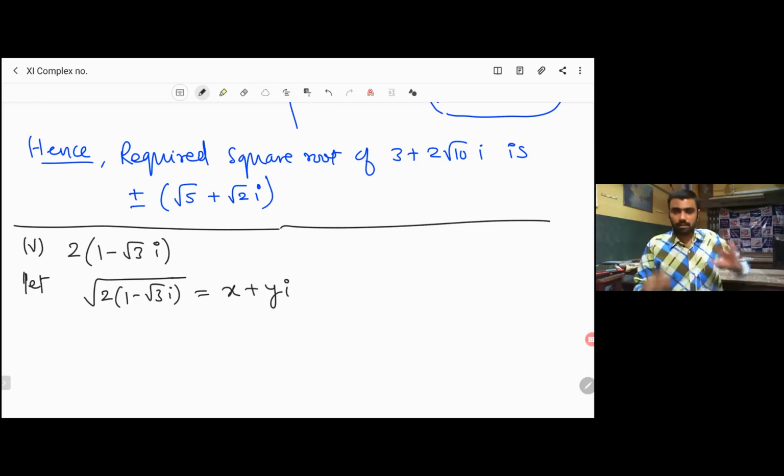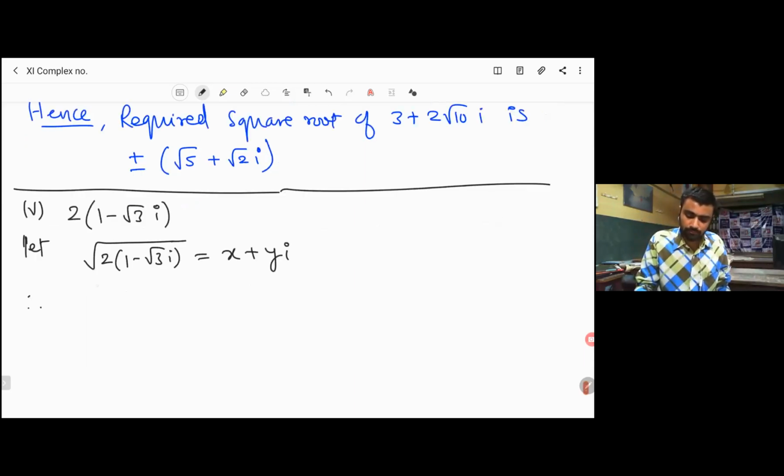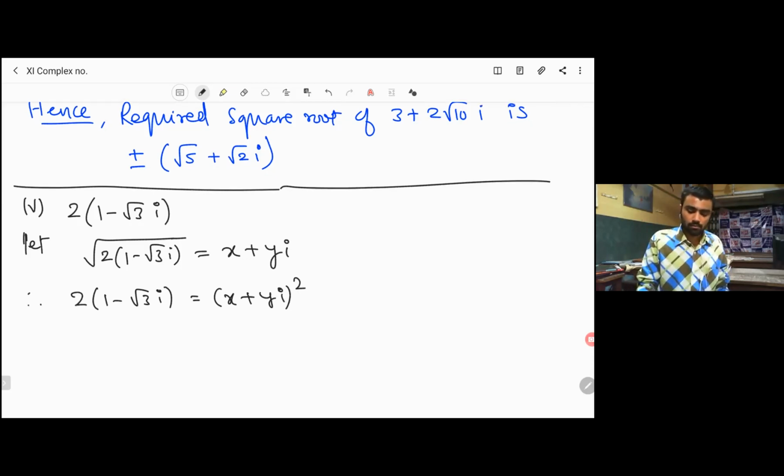ये तो बेसिक हमारा स्टार्टिंग पॉइंट है, और अब स्क्वायर रूट को ट्रांसफर कर दो सामने. So this becomes 2 into 1 minus root 3i is equal to x plus yi whole square.